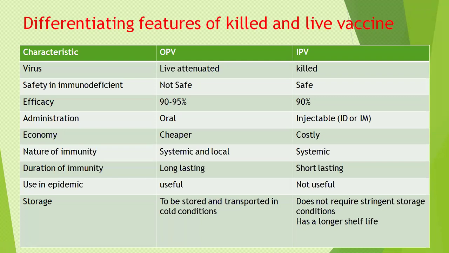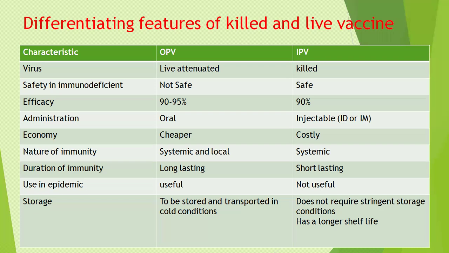Its pathogenic nature is attenuated, but it retains its antigenicity. But in IPV, the virus is completely killed. In case of safety, OPV is not safe in the immunodeficient, those who have less immunity, or in pregnancy, or other health conditions. So why?